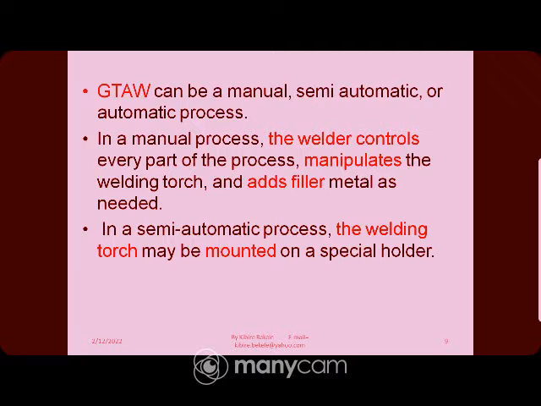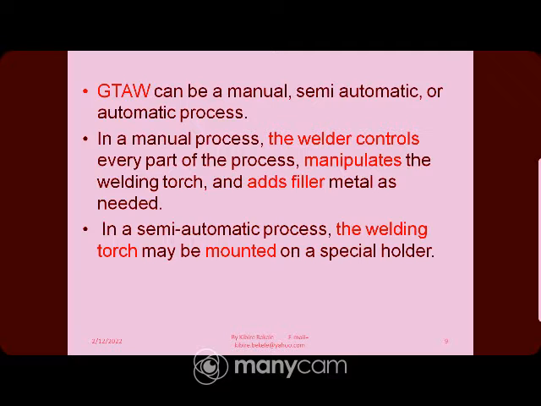In the semi-automatic welding process, some parts, especially the torch, can be held by some automatic holding materials. There are also fully automated gas tungsten arc welding processes, which are already programmed by computer programming.